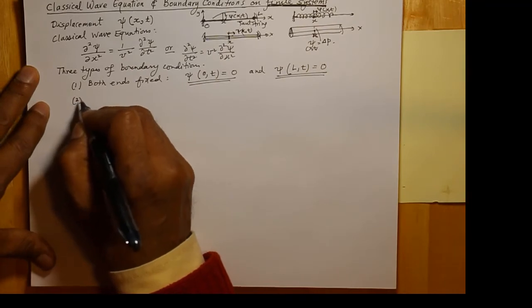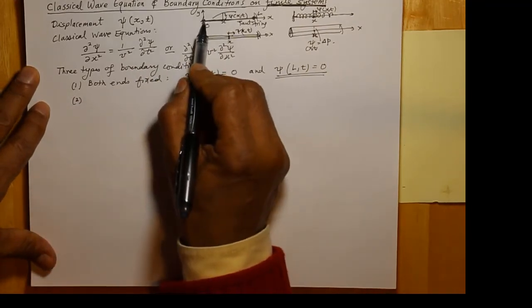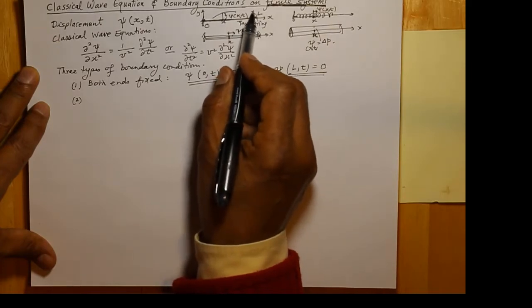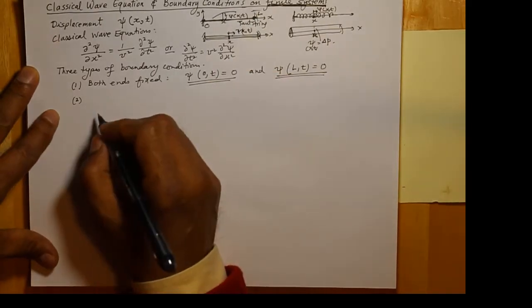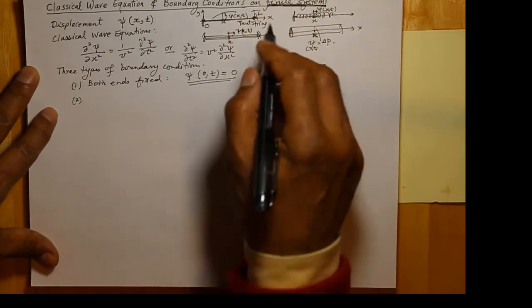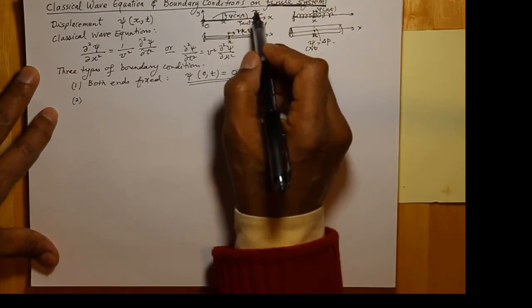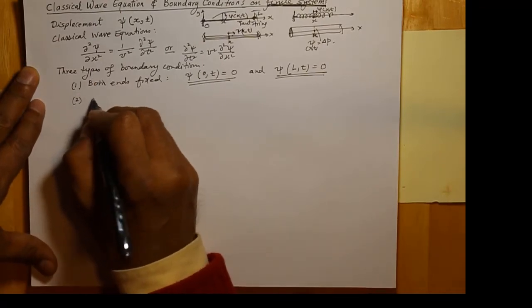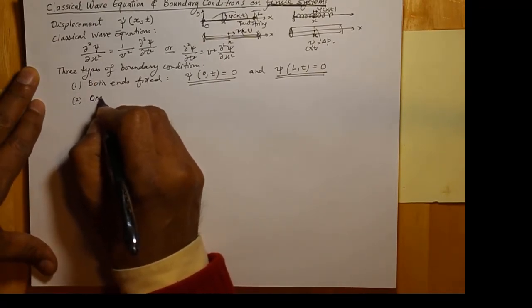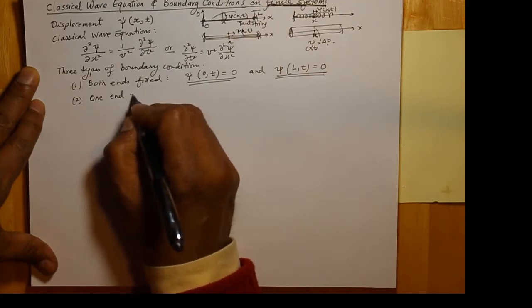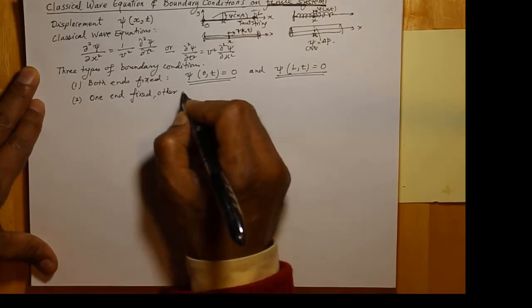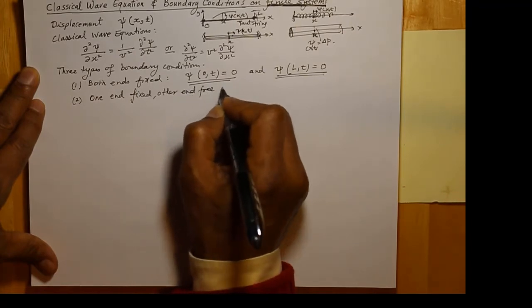The other one is maybe one end is fixed but one end is free, and free would mean it will have to be tension free, so the derivative will be 0. So one end fixed, the other end free.